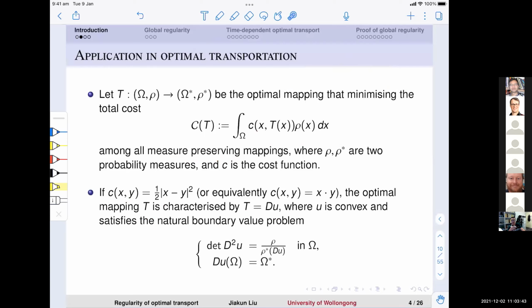Moreover, this potential function is a convex function, and it satisfies exactly the Monge-Ampère equation subject to the natural boundary condition, because the mapping T is given by Du. We are trying to map everything from Omega to Omega star. That's the reason why the boundary condition is Du(Omega) equals Omega star in the classical case.